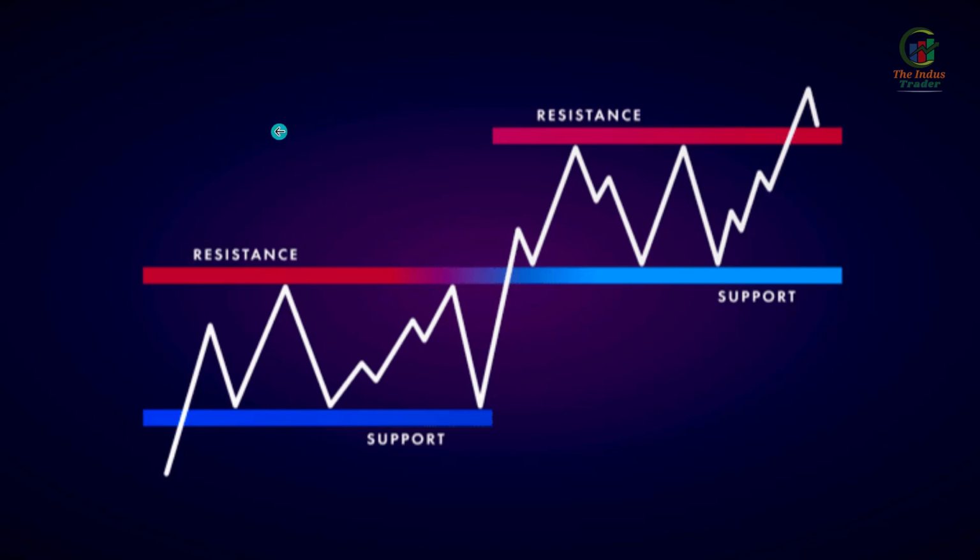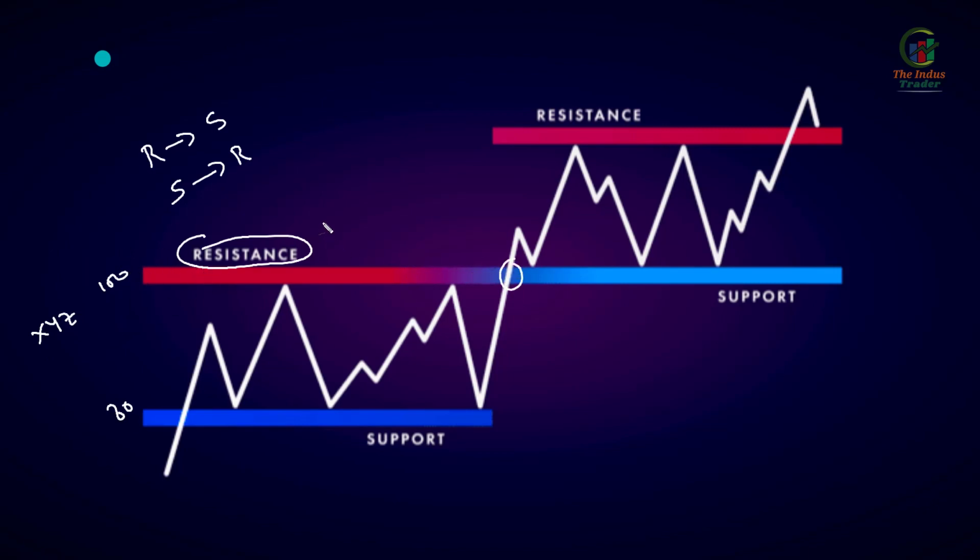So the important point you have to remember is, if resistance breaks, it becomes support, and if support breaks, then it becomes resistance. In this particular example, this level, let's say 100 according to our example, for XYZ, up to now before the results of this company, acted as a resistance.